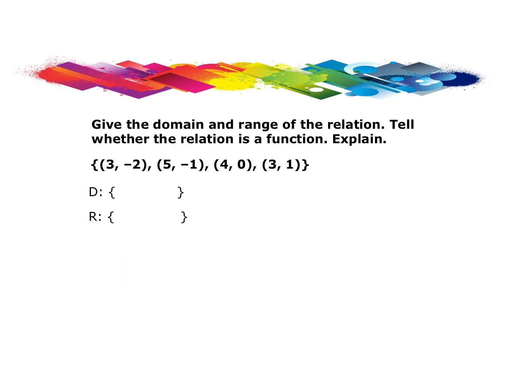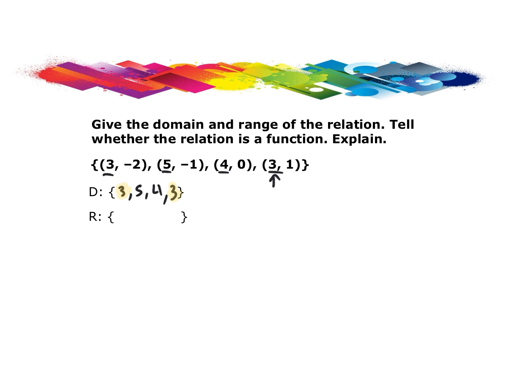So they give the domain and range of the relation and then tell whether the relation is a function and explain. So again, the domain will be all of the x's, so I'm going to write them down. 3, 5, 4. Usually you don't repeat, but we have a 3. We don't have to write it out again because it's repeated, but I'm going to write it in right now and highlight it just so we mark the fact that this is repeated.